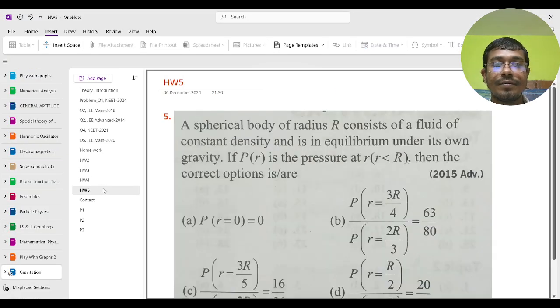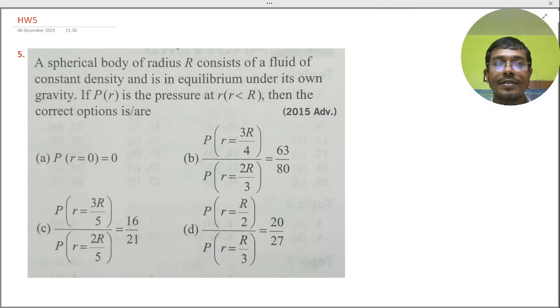Last one, in advanced questions of JEE Main, JEE Advanced: a spherical body of radius R consists of a fluid of constant density and is in equilibrium under its own gravity. If P(r) is the pressure at r less than R, then the correct option or options are.